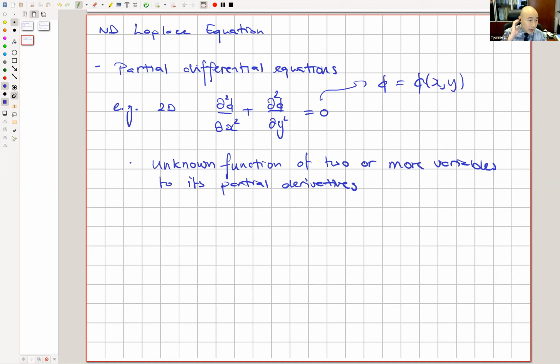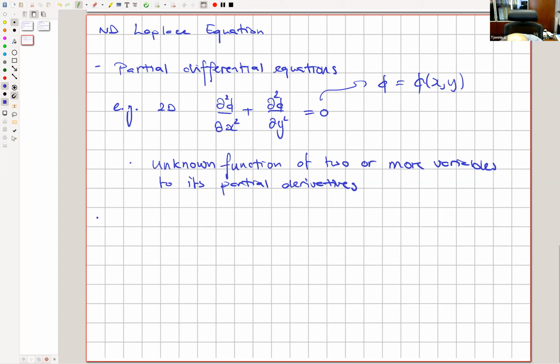Generally, this may or may not be the case. Don't know. So that's something that we need to study. And it turns out for certain classes, it is possible, just like in the one-dimensional case, to get a general solution.